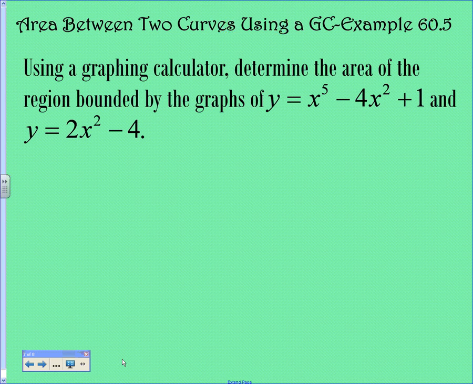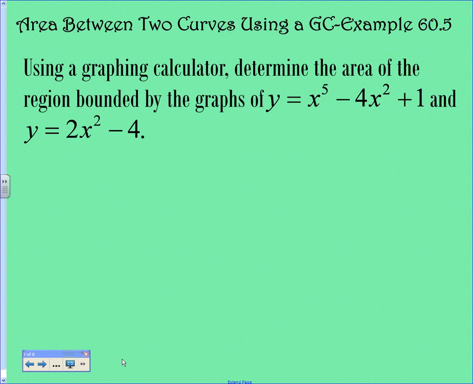Good. I'm going to zoom in a little bit because it's kind of hard to tell exactly what the graphs do.